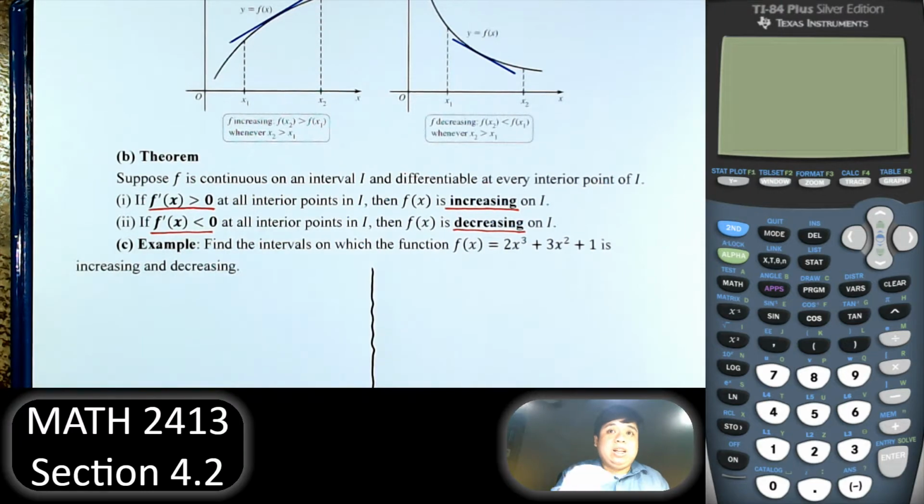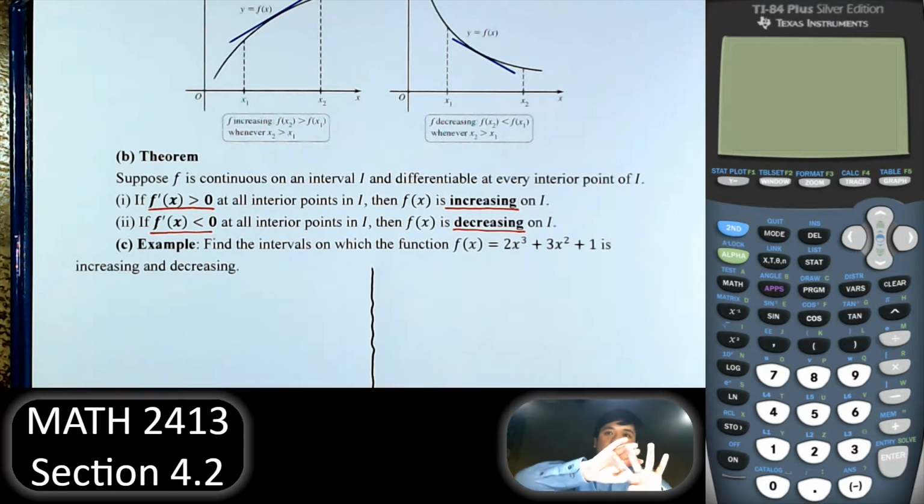But before we can say if derivative is positive or negative, the first thing we need to determine is where it is equal to 0 or where it does not exist. So for a derivative, the possibilities are equal to 0, does not exist, positive or negative. We have to do the first two cases first.